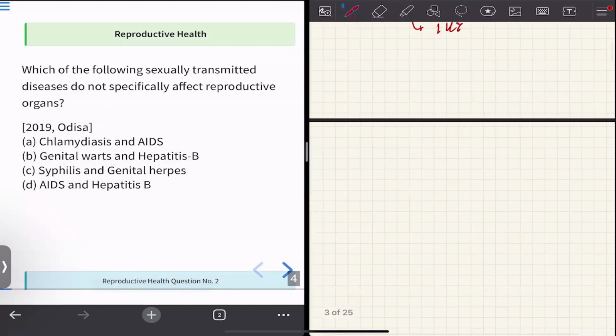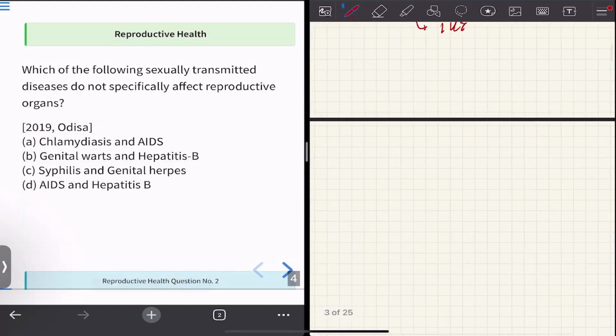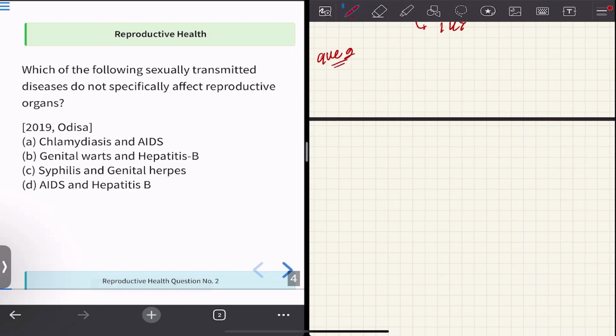Moving on to the next one: which of the following sexually transmitted diseases does not specifically affect reproductive organs? Commonly, we have conditions like vaginitis or cervicitis. So, what are these conditions?